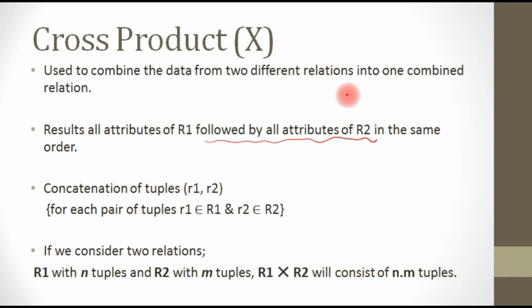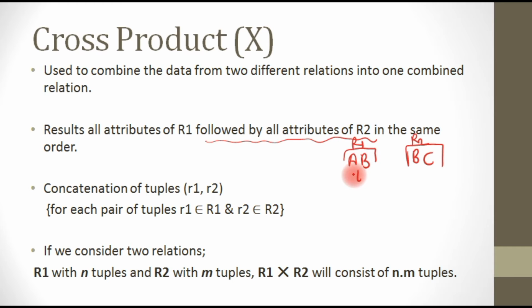What it is trying to say: let's suppose we have attributes A, B in one relation R1 and in another relation we have B, C. We have two attributes each.